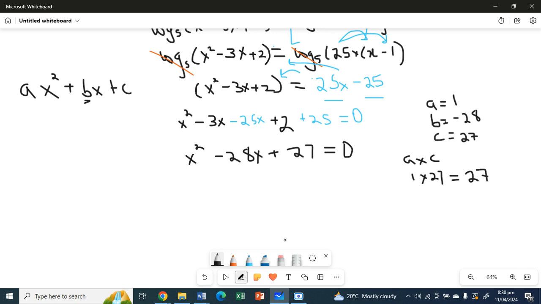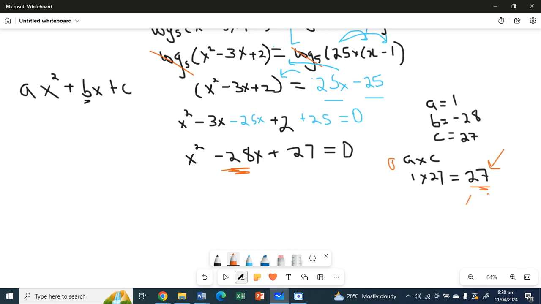So once you've multiplied a by c, you need to find two factors of 27 that when you add them, they should give you negative 28, and when you multiply them, they should give you 27.